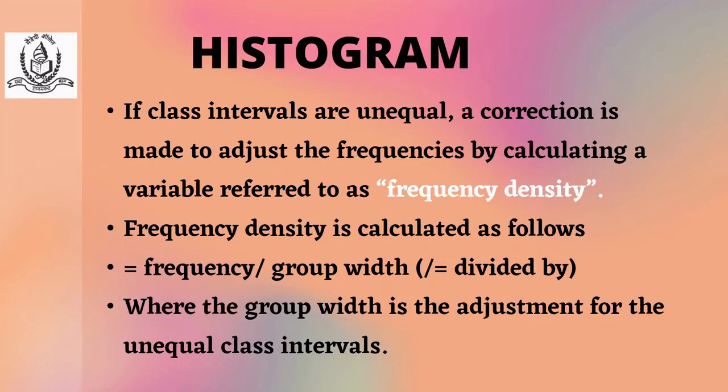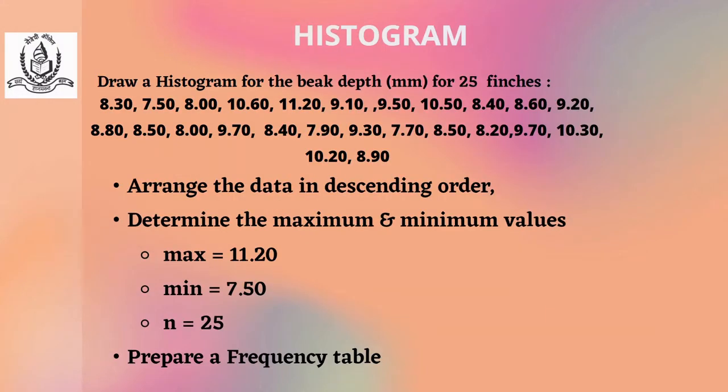If class intervals are unequal, a small correction is made to adjust the frequencies by calculating a variable referred to as frequency density. Frequency density is calculated by dividing the frequency by group width, where the group width is the adjustment for the unequal class interval. Let us look at an example to clarify the concepts on histograms.